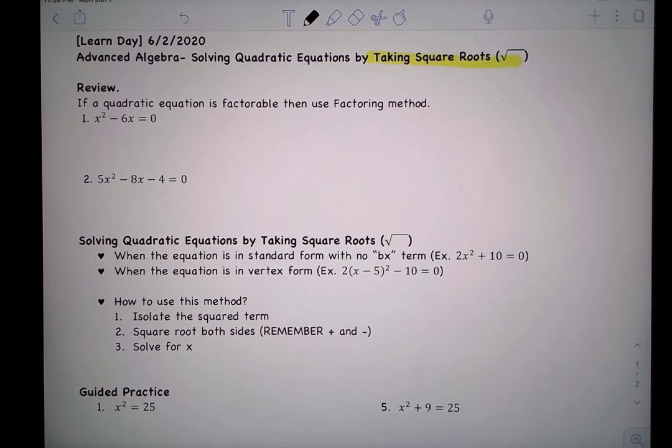After that, we factor by GCF, and then we can use trinomial factoring, AC method, bottoms up, or difference of squares. So we learned those kinds of skills. Solving like that is solving by factoring.